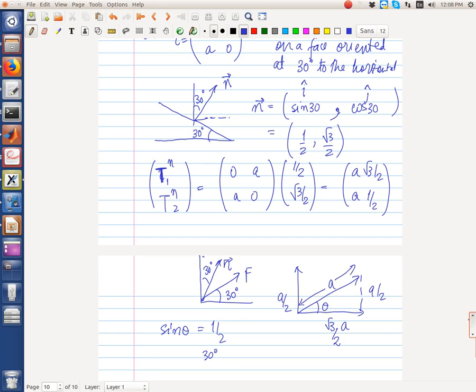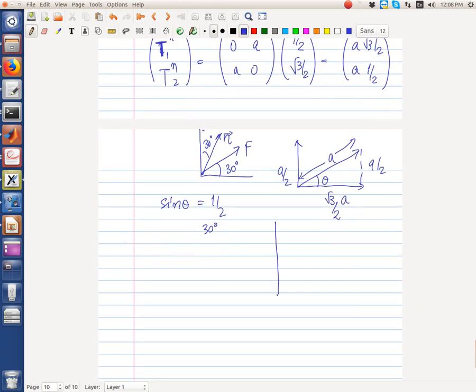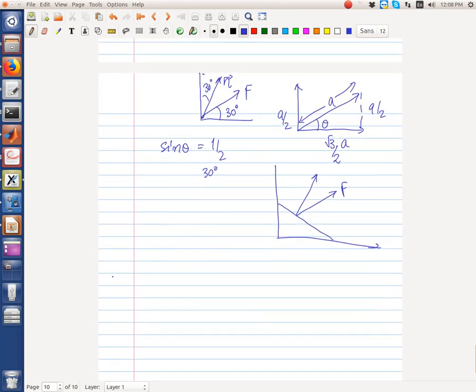Okay, so the final figure would look something like this. If this is the area, this is the normal vector, and this is the force. The force and the normal vector are not oriented along each other, as we have already noticed. So this example clearly shows how to find out the traction vector. So how do we find out the force?